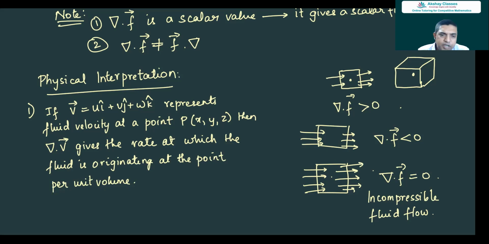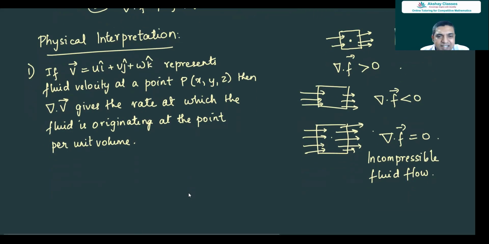So at any given point, whether it is like a source or sink, at that region inward, whether the incoming velocity or the vector field is greater than the outgoing, it will be a sink. If the outgoing is greater than the incoming, it will be a source. So note that for incompressible fluid flows, incompressible means the fluid cannot be compressed.